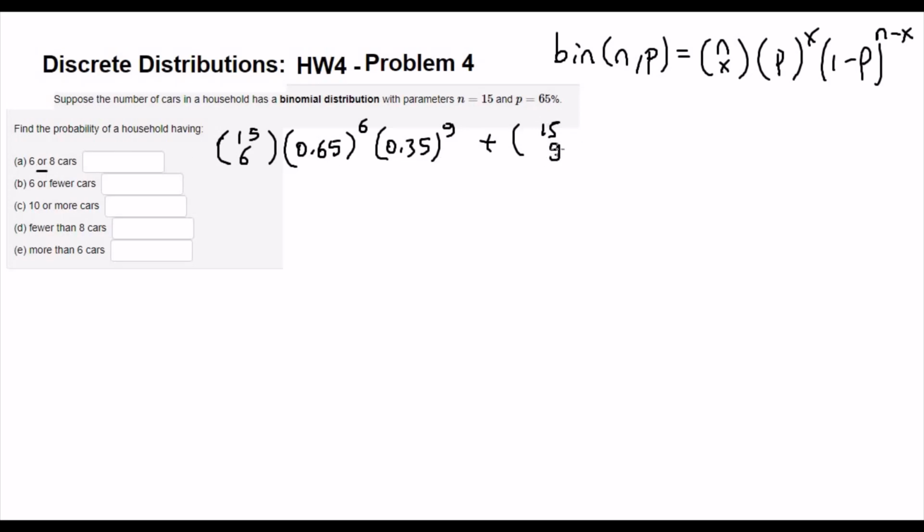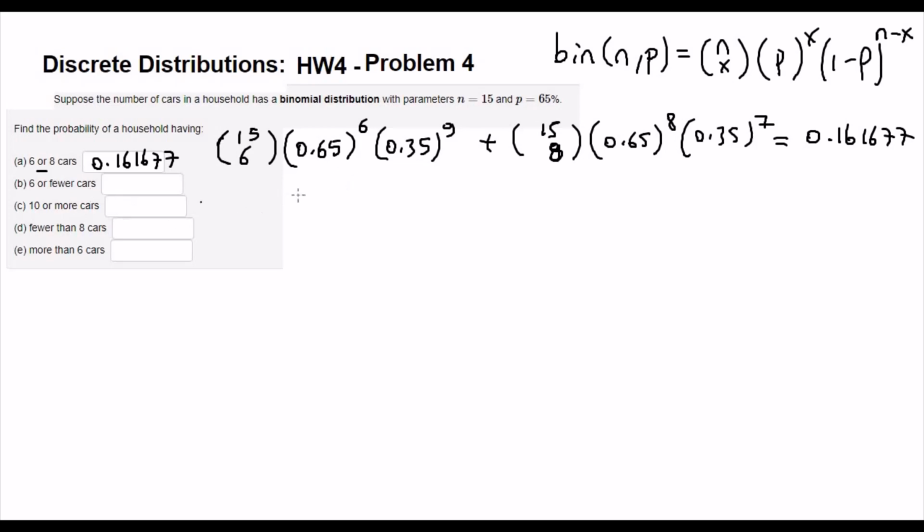So 15 choose 8, 0.65 to the 8 times 0.35 to the 15 minus 8, which is 7. And if you add the sum in your calculator, you're going to obtain 0.1677. So what is the probability that a household is having 6 or fewer cars?